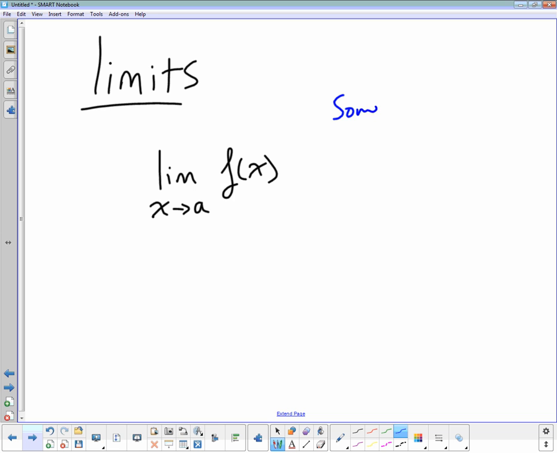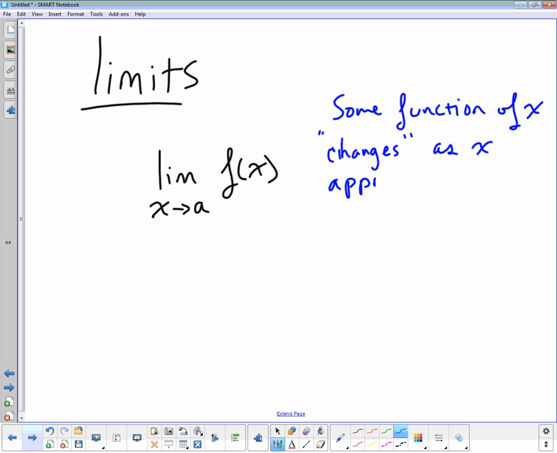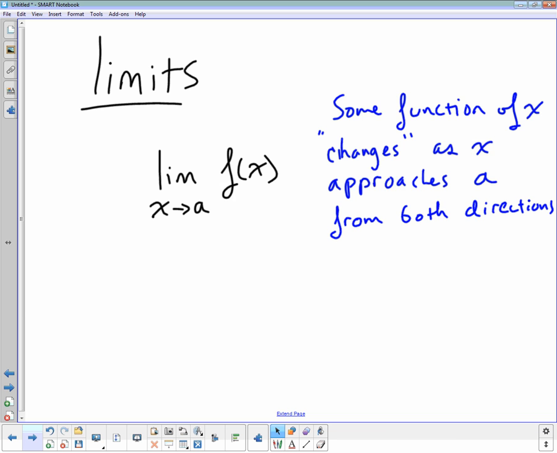What this is saying is some function of x changes as x approaches a, and the direction of f. For example, we've talked about the idea of an edge crawling on a surface, or creeping up to something.